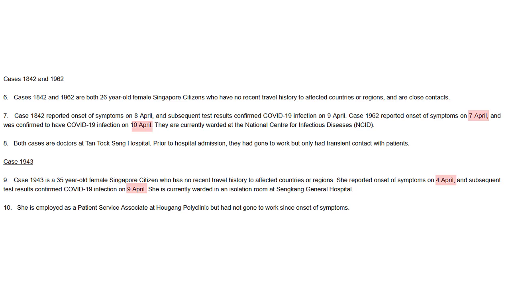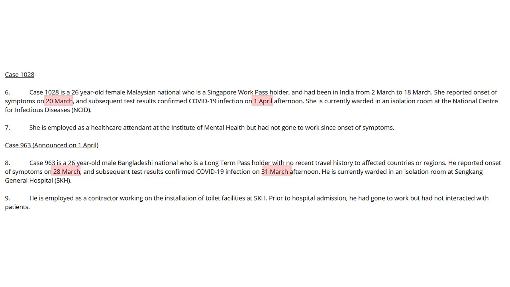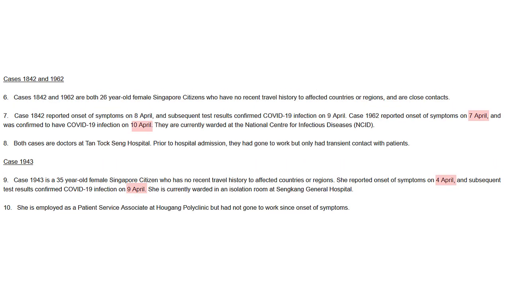And for just now, earlier on, 20th March to 1st April, the way they report this might not be very good because they did not state when she was hospitalized. It only stated that she reported the onset of the symptoms. It might be to her GP. And in other cases whereby it is very long, it might be a few tests were run for the patient. Maybe the first test was negative, then the second was positive.